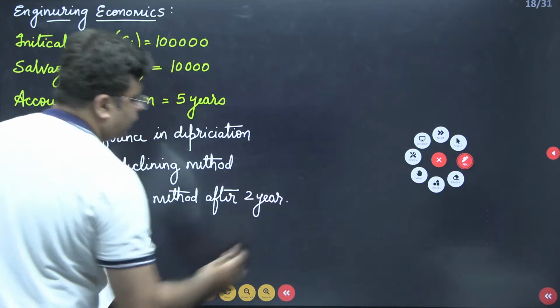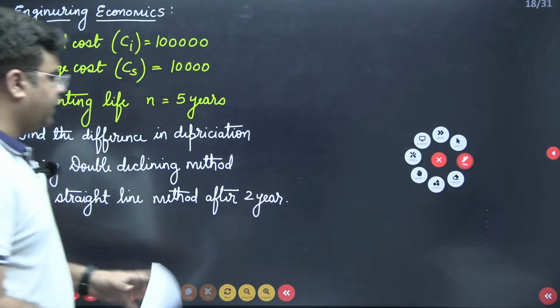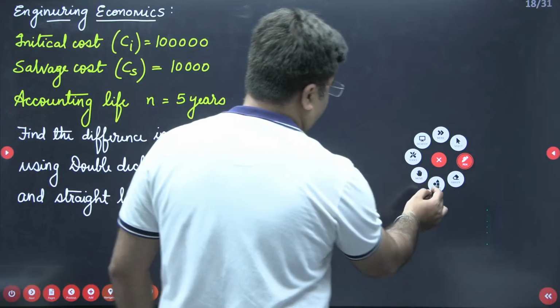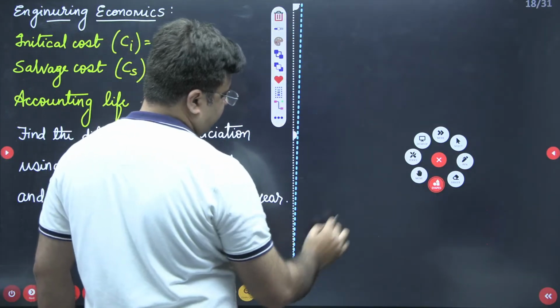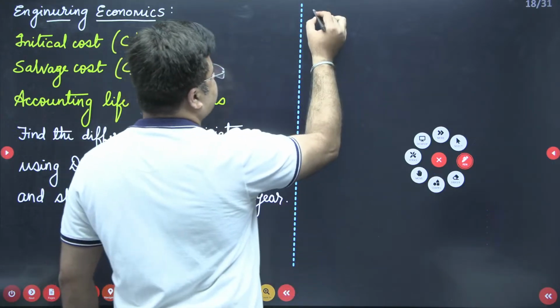So first of all, while doing it with the double declining method, you need to find out the percentage depreciation. So by double declining method, find out the percentage depreciation.